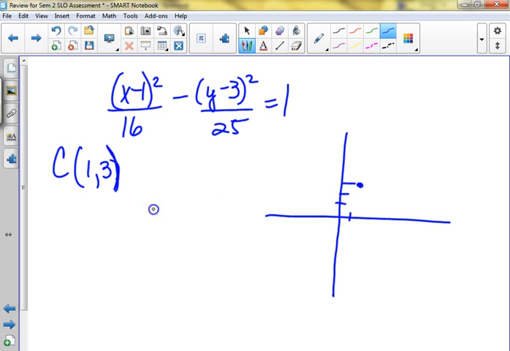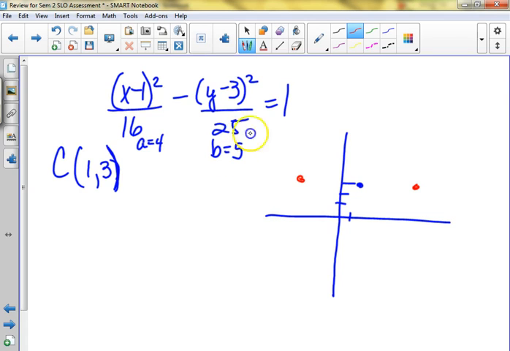Okay. What's A and what's B? A is 4 and B is 5 because A is always the positive one, not the greater one here, yes? So what do I do? Anybody remember how this goes? I go 4 each way in what? X direction, okay?